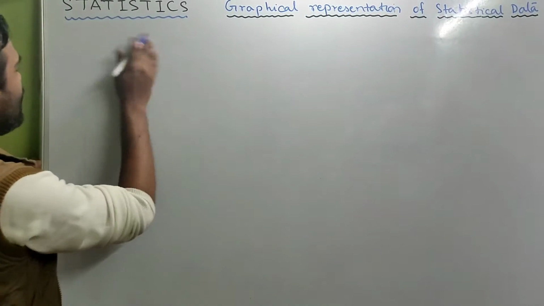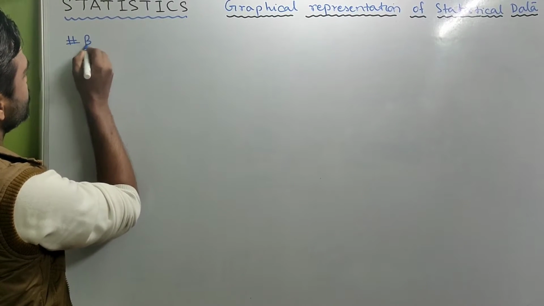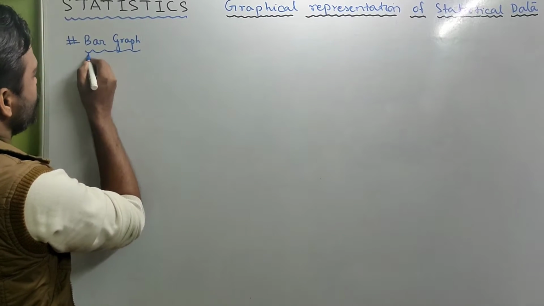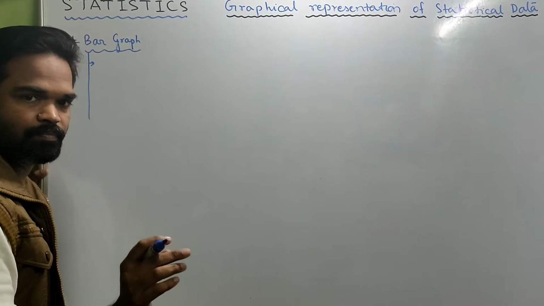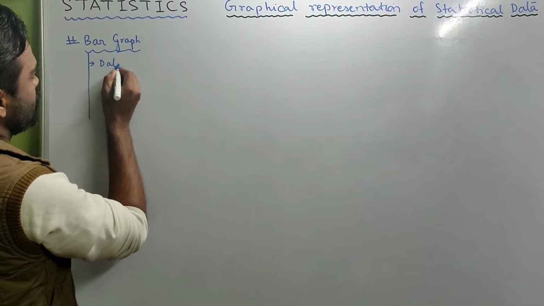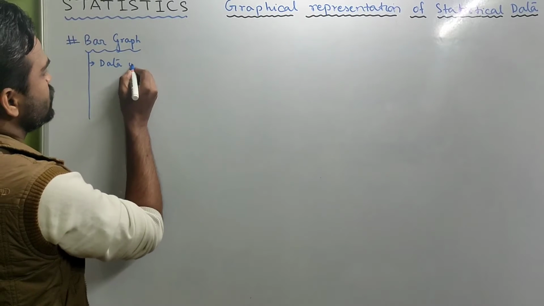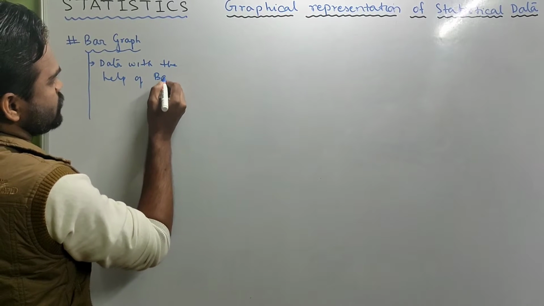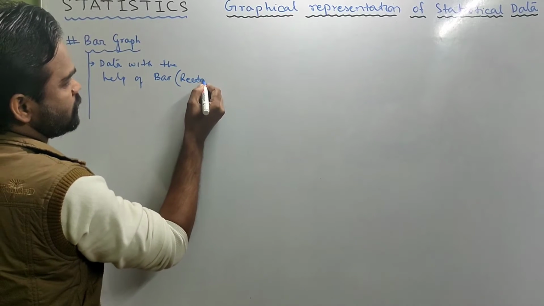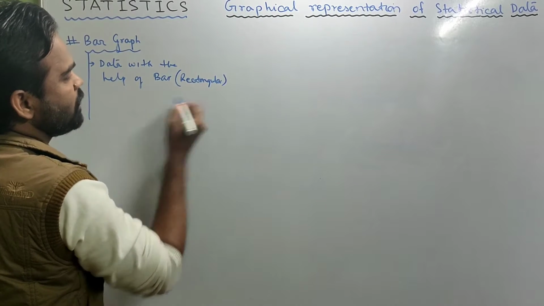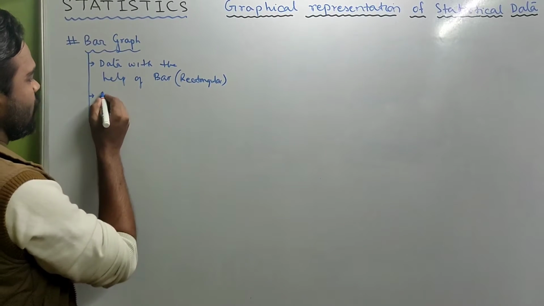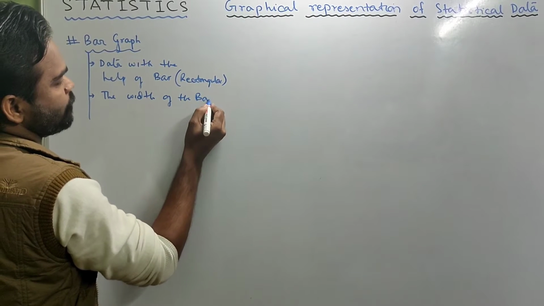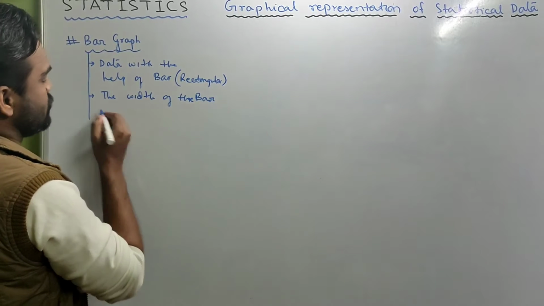First of all, when I talk about a bar graph, with the help of a bar graph we represent statistical data. We represent data or observation or variant with the help of rectangular bars. The width of the bar when you are constructing is uniform.